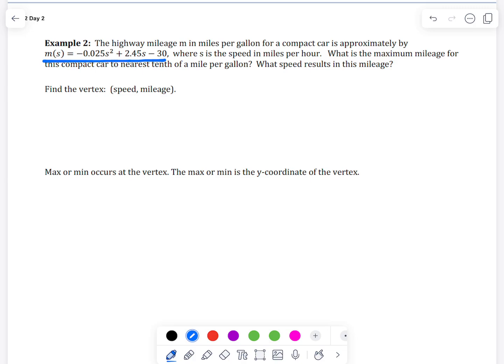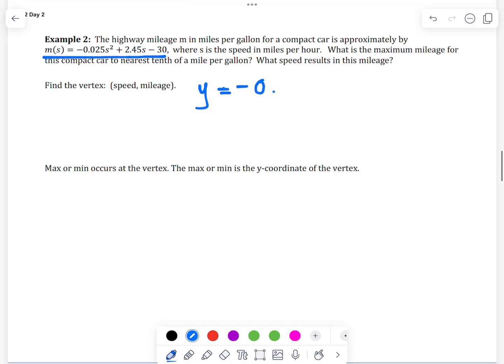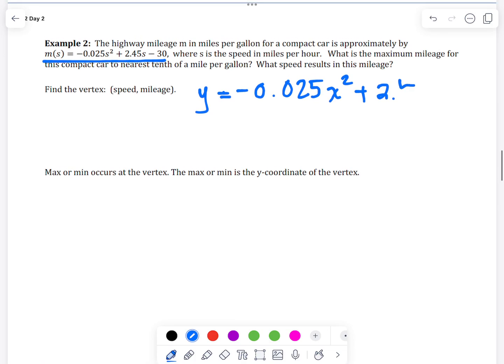So I'm just going to change that to y equals -0.025x squared plus 2.45x minus 30. What we're going to do is find the vertex. And the vertex represents the speed of the vehicle and the mileage of the vehicle. So that's your x and your y.